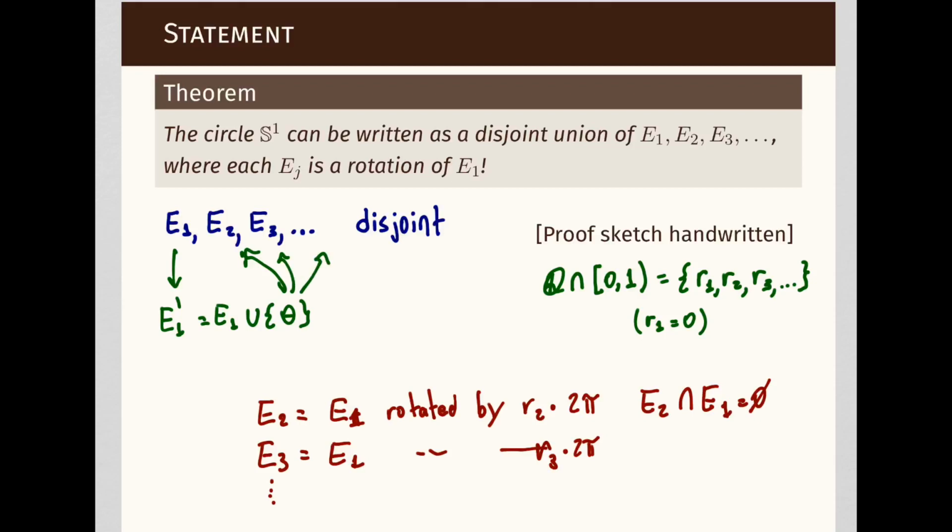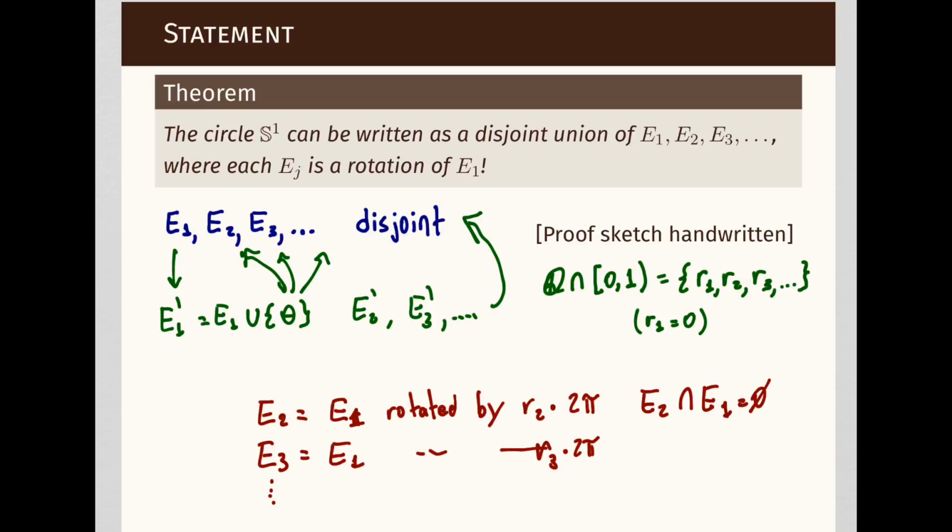Because these sets contain all possible rational rotations of the original set, when I consider this E1 prime and, through the same process, define E2 prime, E3 prime, etc., we again have a collection of sets.